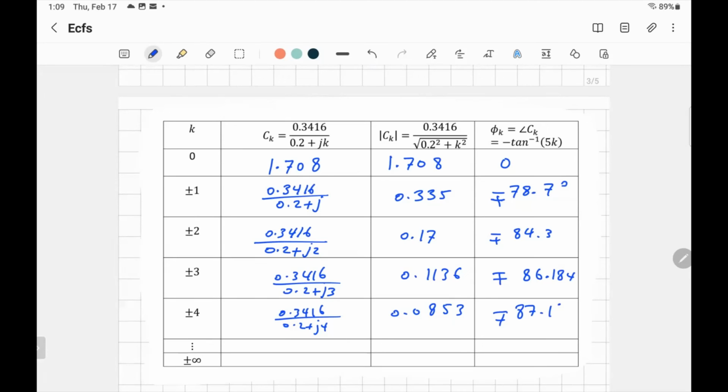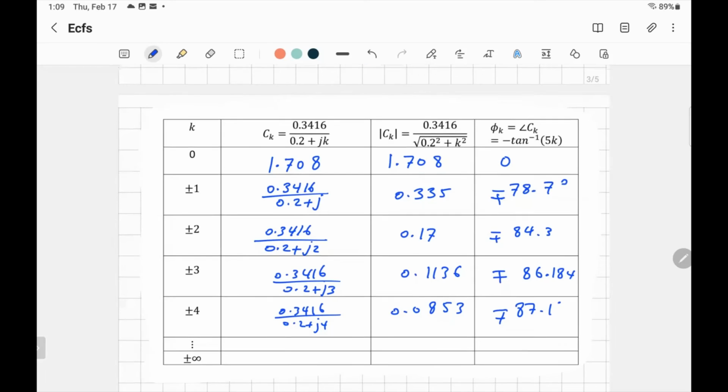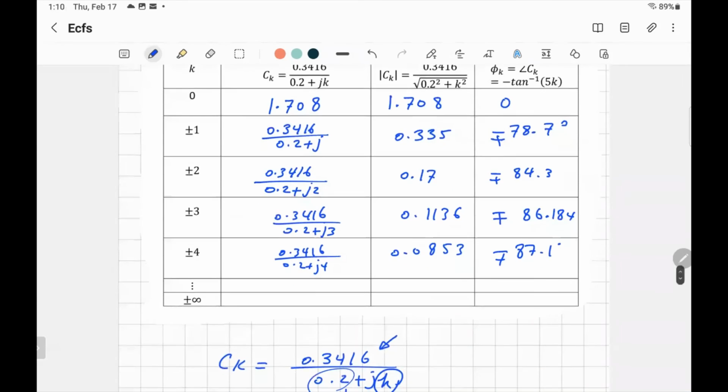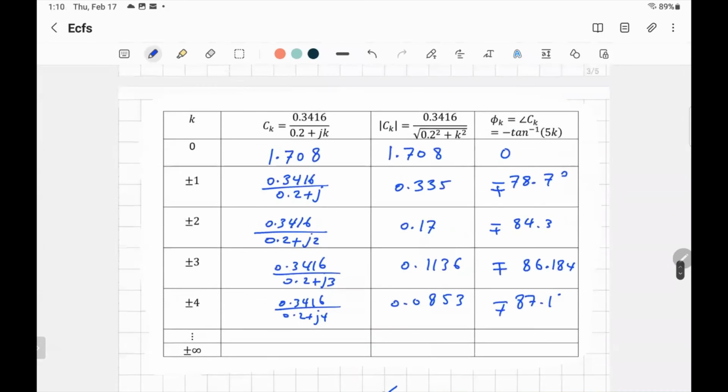Then you sketch. Of course, you should do it for infinity, and nobody can do that except by using a computer. But usually we are interested only in the first few harmonics, because after that you see it's getting smaller. Let me show you how it looks. How do you plot the line spectrum?